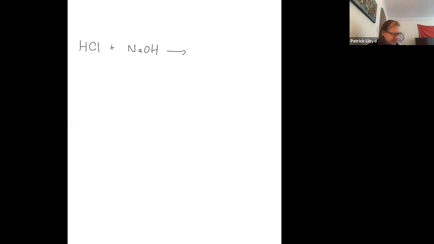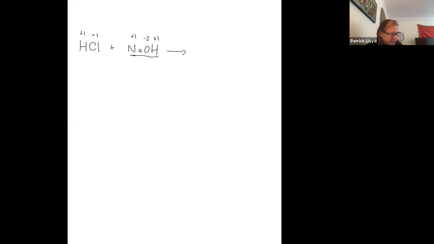Okay, so hydrogen's +1 in the compound, so the chlorine's got to be -1, right? So there are your oxidation states there. This is an ionic compound, right? So you've got your sodium, which is +1, oxygen is -2, hydrogen is +1. So there are the oxidation states of the reactants.